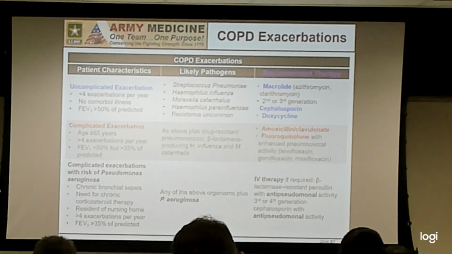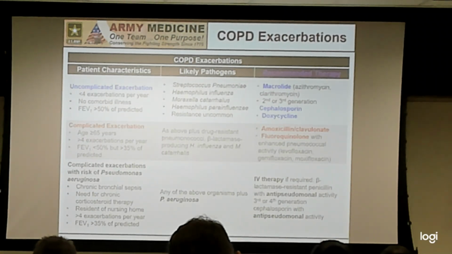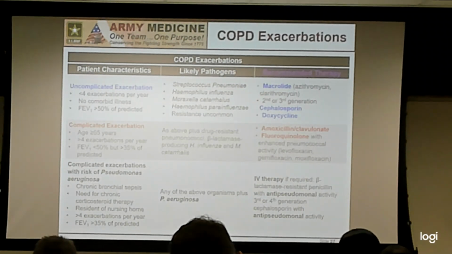But less than 4 exacerbations per year without any comorbid illnesses, i.e., CHF, sarcoidosis of the lung. So they just kind of have COPD and not a lot else. Hypertension is not really a comorbid, so if they're hypertensive as well, I wouldn't really consider that to be a comorbidity. But in these cases, you're going to want to give them a macrolide.